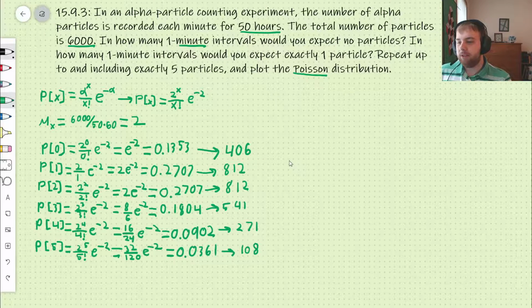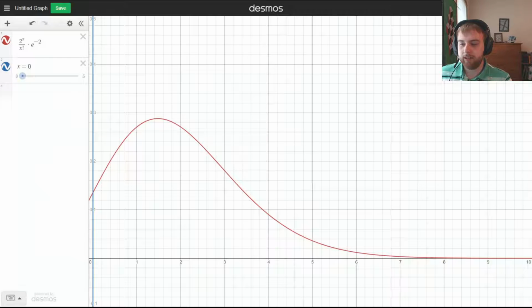So these are all the numbers that we need for this problem, but it also asks us to plot the Poisson distribution. So I will show you guys this in a second. There we go. Okay, so this is the Poisson distribution we're working with.